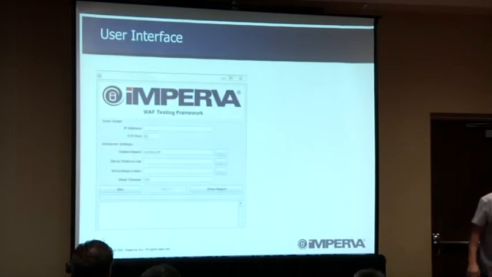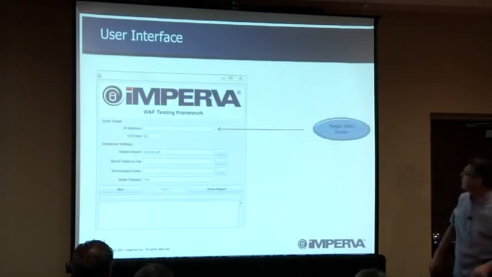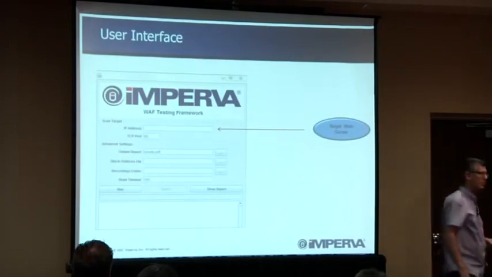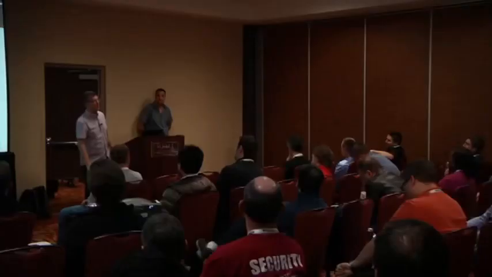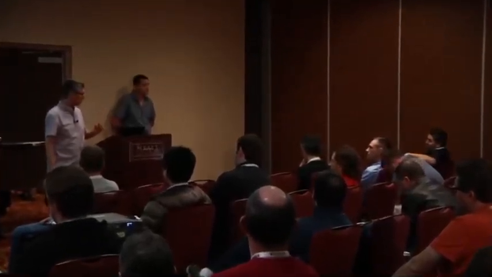User interface, very simple. The most important field here is the IP address or host name for the server that holds the web application. There isn't much in the test itself that relies on that being WebGoat. URLs, we didn't want to get blocked for every URL by the application, so we needed the URLs to represent something real.